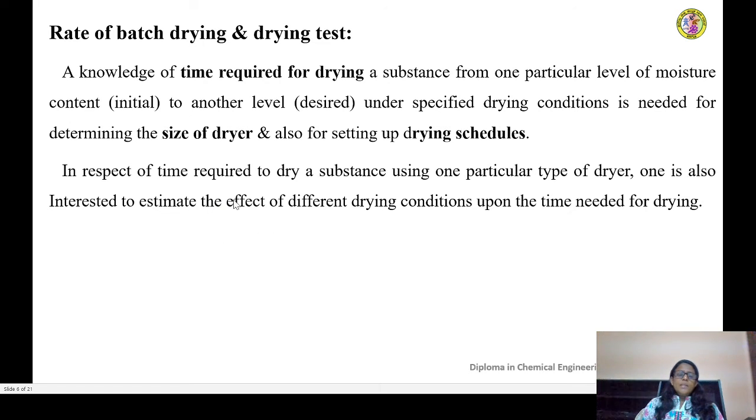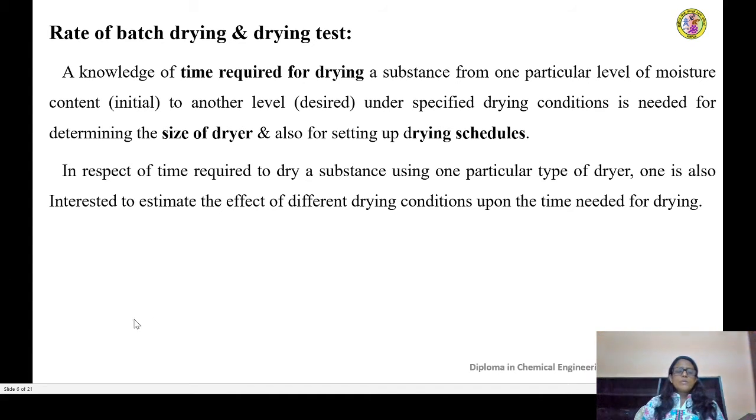Okay, so in this instance, when a dry substance is obtained from a particular type of dryer, we also need to know the effect of different drying conditions upon the time needed for drying. So, at what condition the time required is less and at what condition it is more.